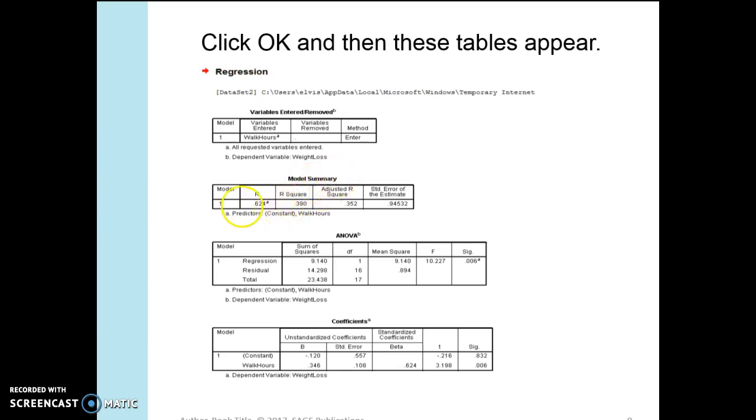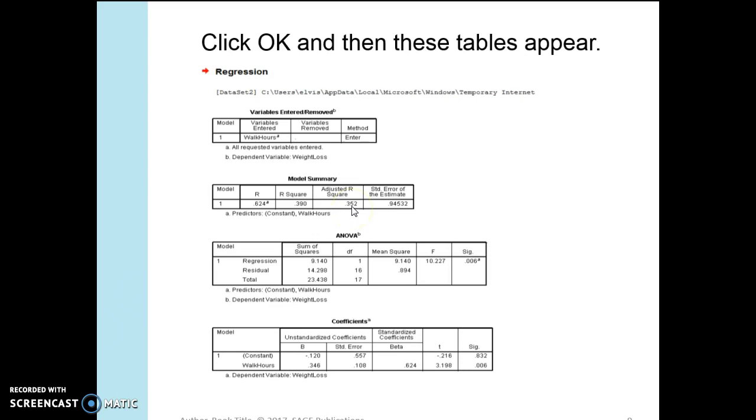R squared tells you the strength, I call it the strength, but it tells you the percentage of the dependent variable that's a result of the independent variables. And here, 39%, it looks like, of the dependent variable is dependent on the independent variables. An adjusted R squared depends on the number of degrees of freedom you have.